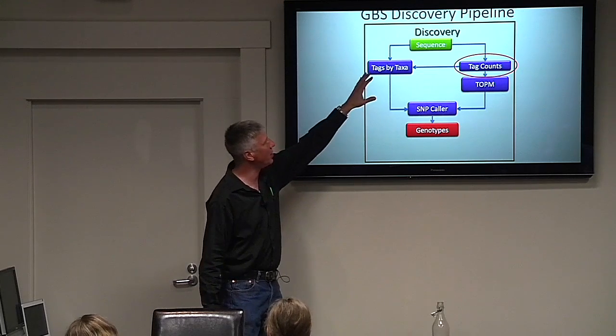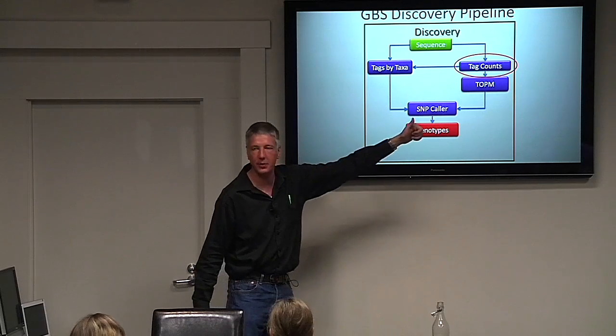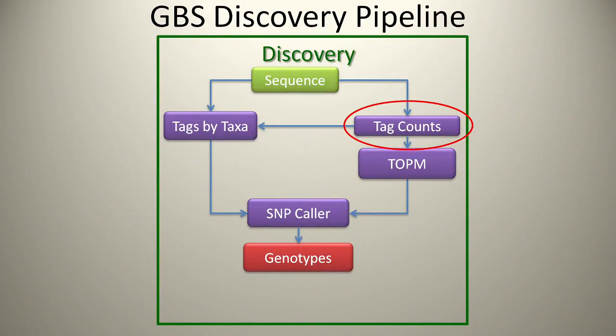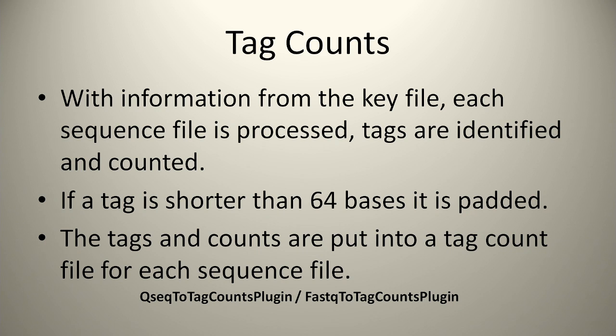Okay, so we've talked about the sequence files. We've talked about the GBS tags, and then we've got the tag counts. What are tag counts? You take the information from the key file, and each sequence file is processed, and the tags are identified and counted.